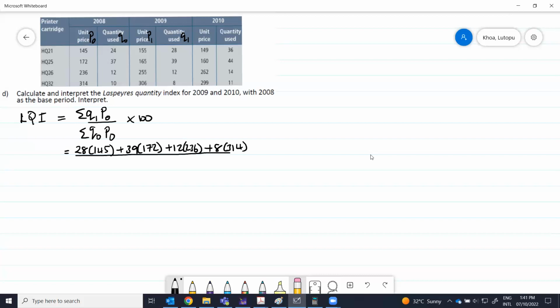This is all divided by Q0 times P0. So 24 times 145, 37 times 172, 12 times 236, 10 times 314, then multiply this by 100.